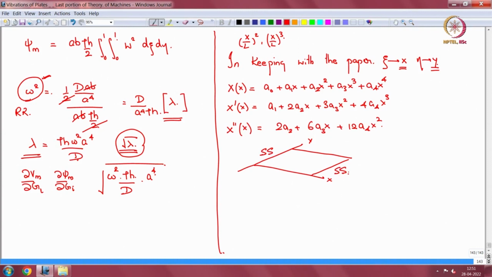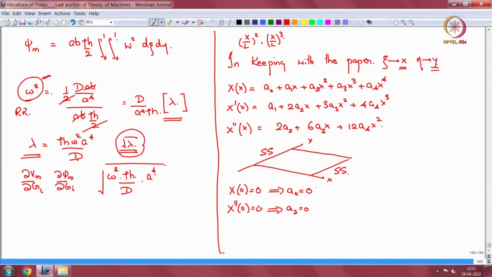That means X at 0 must be 0, which means a0 is equal to 0, and X double dash at 0 is 0, which means a2 is 0.